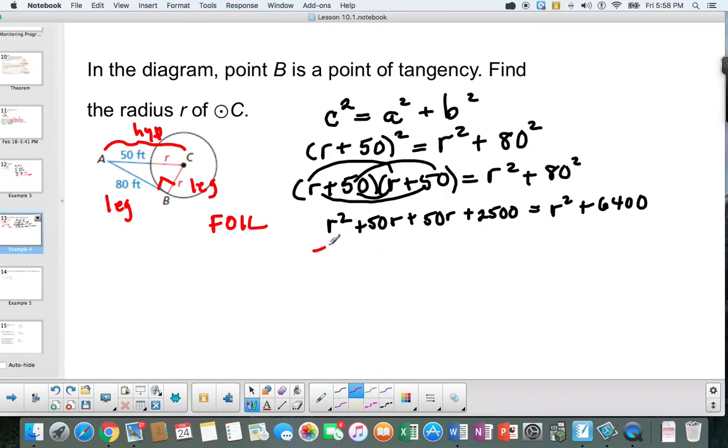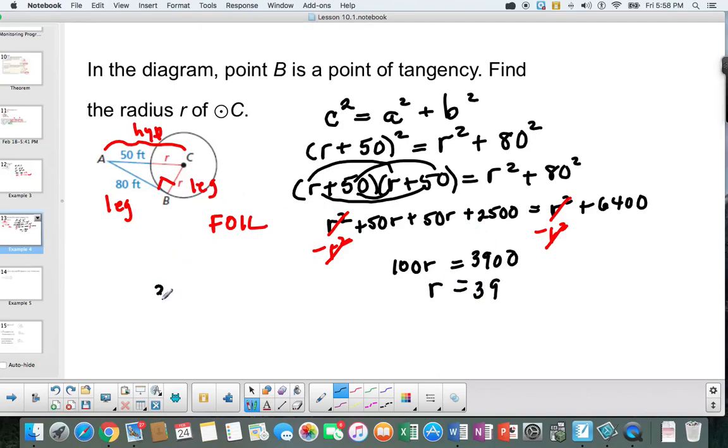I'm going to be able to subtract R squared on both sides, and what's going to happen is I no longer have to work with it. I will have 100R, and I'm going to subtract 2,500 from the 6,400, and I'm going to get 3,900. Divide by 100, and I get 39.